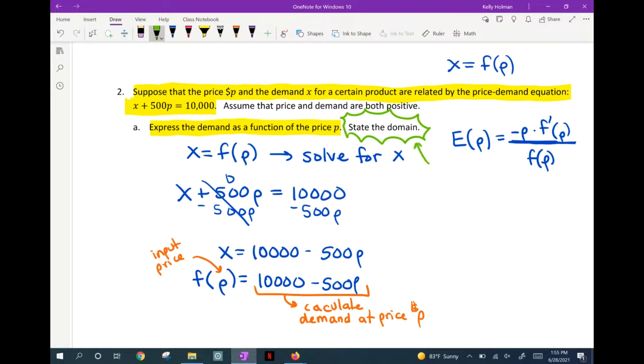Remember, the domain of a function has to do with the inputs, right? The domain are all the inputs allowed into the function. And what are we inputting? Price, right? We're going to input price. So I need to have some restrictions on price. There's going to be a lowest price and a highest price. What's the lowest you can price something?